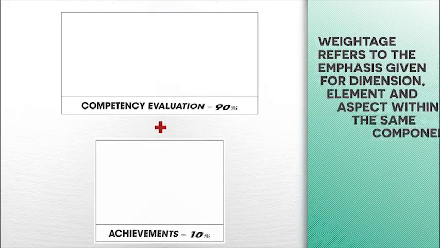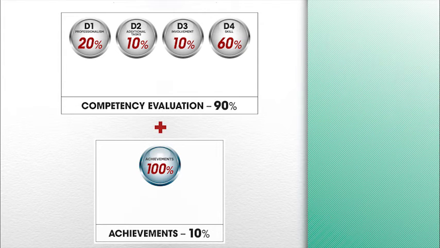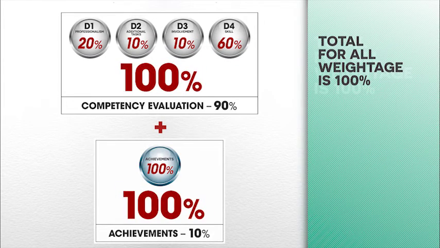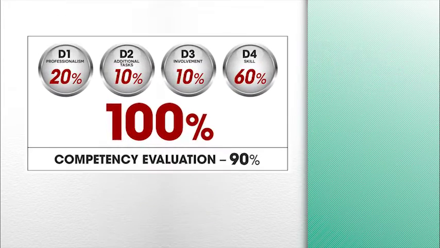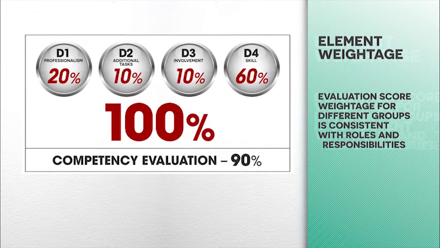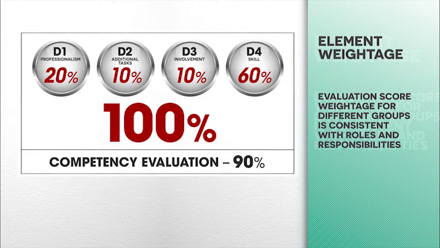Weightage refers to the emphasis given for a dimension, element, and aspect within the same component. The total for all weightage from professional to skills dimension is 100%. The evaluation weightage for different groups of categories is consistent with the roles and responsibilities undertaken.